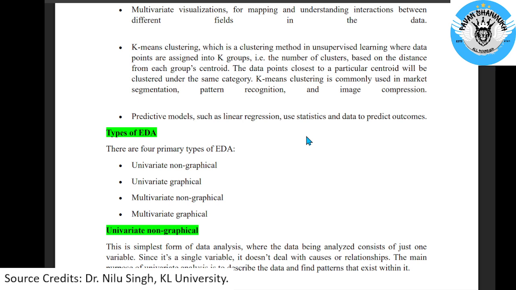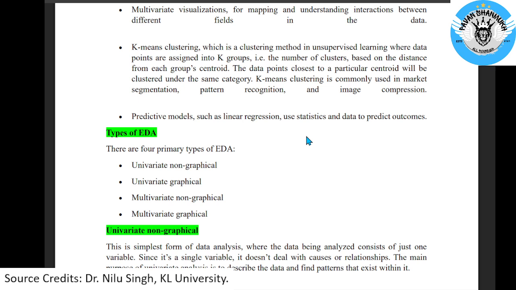In the same way, when we have data, we have to find the centroid of the data in order to find how much the data points spread out away from the main data point. So points closest to a particular centroid are clustered in the same category, and those not closer to the centroid are clustered as a different category.